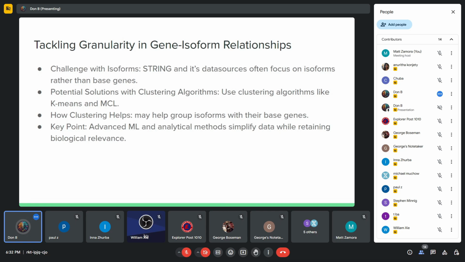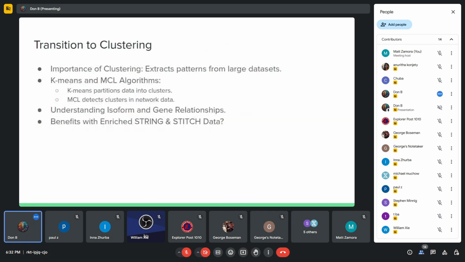I hit initially some challenges trying to map those to pathways and related proteins, but it was solvable. But this is something that is still challenging. I'm not going to go into the detail of clustering. And with that said, Inna, over to you.